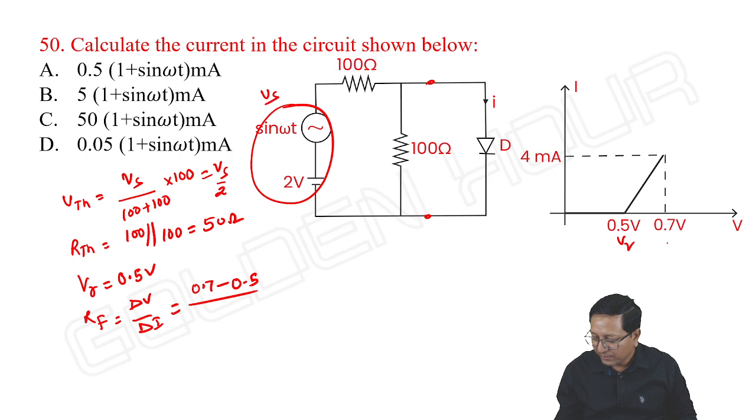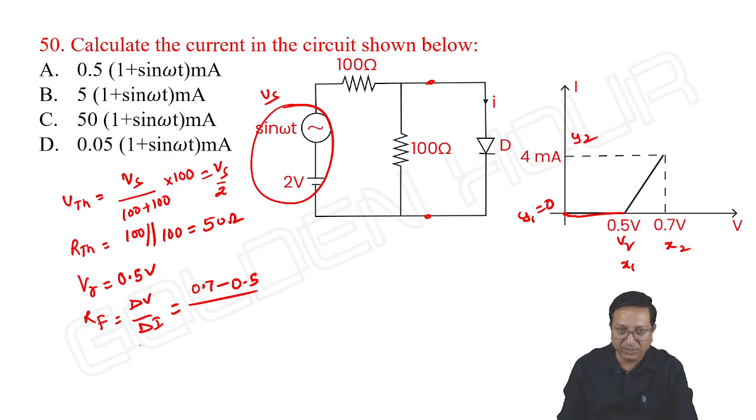It looks like x2, x1 and y2, y1, and here y1 is 0. The reciprocal of RF is the slope, equal to 4 milli minus 0. If I take it so, how much do we get? It is equal to 50 ohms.